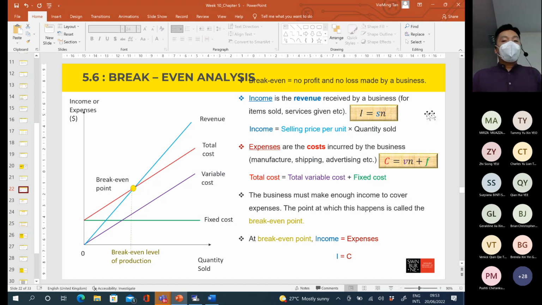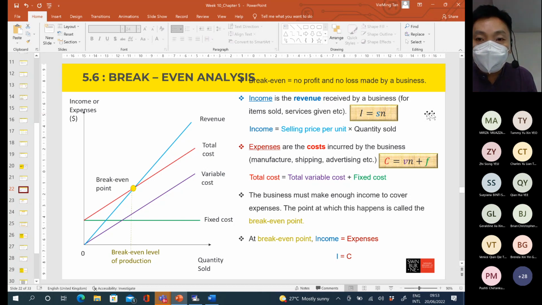What are examples of fixed costs? For instance, the rental. If you want to run a business, maybe you need to rent an office, so this rental is considered a fixed cost. Another example is full-time staff, which is also considered a fixed cost.